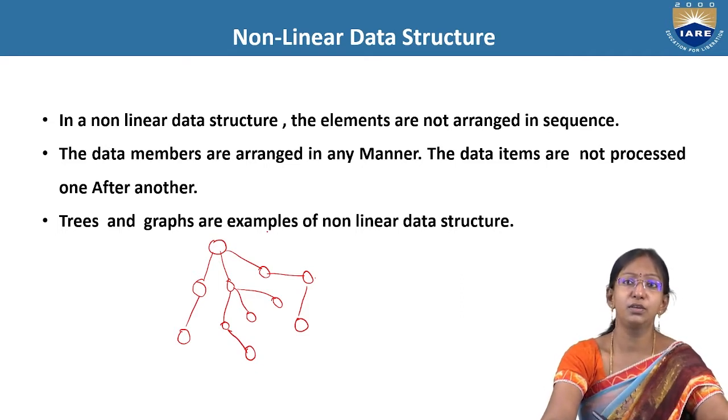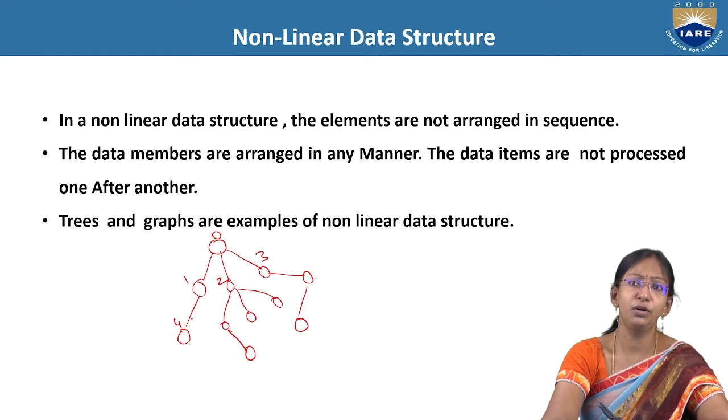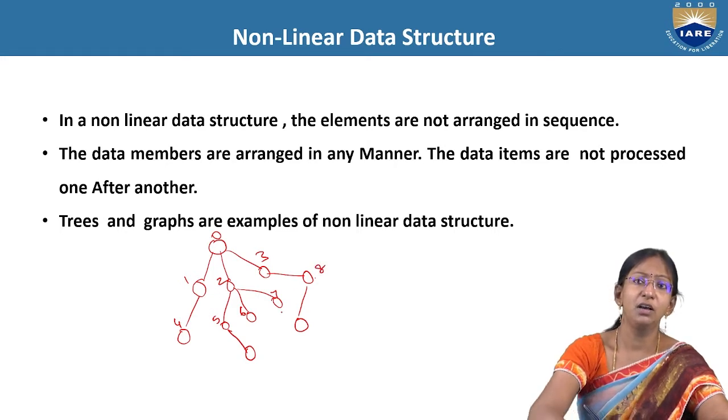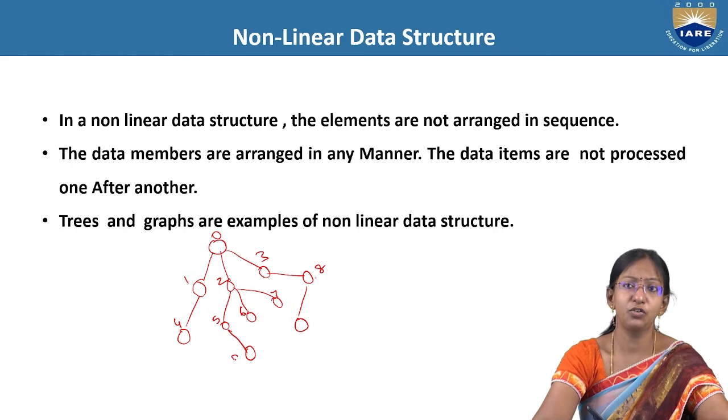Here you can see the root is related to others. If I name the root as 0, it has 3 children: 1, 2, 3. Node 1 has only one child, 4. Node 2 has 3 children, 5, 6, 7. Node 3 has only one child, which is 8. Node 5 has only one child, 9, whereas 8 also has only one child, which is 10.